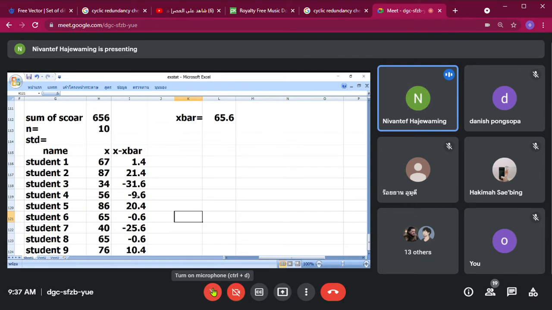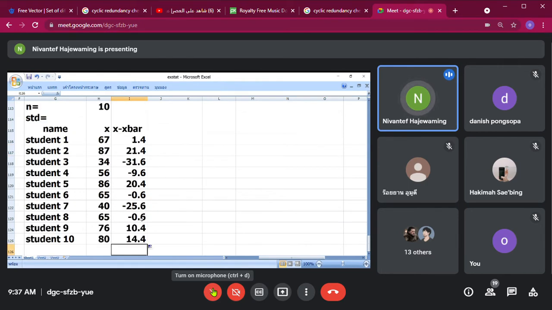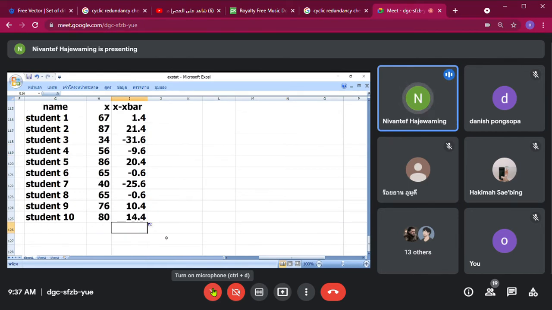If it is less than the mean, you get minus. And you can check it. The sum of X minus X bar, you must get 0. You check it. If not 0, it means your calculation is not correct. You will get 0, right?